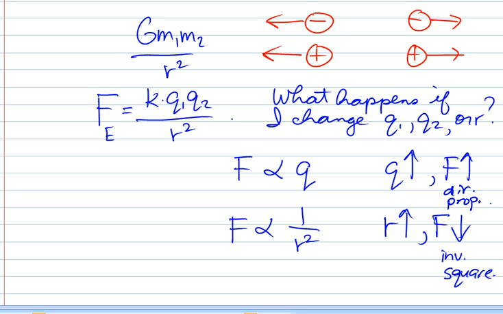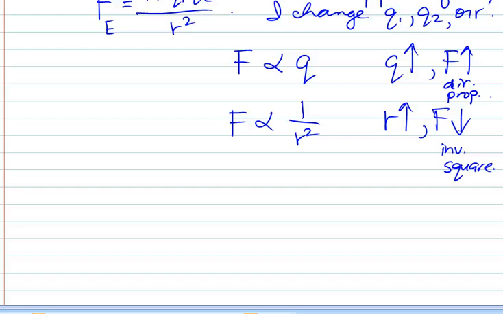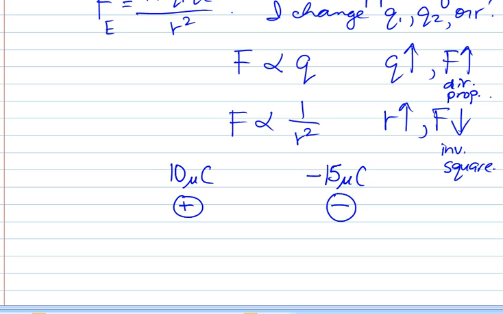Now, the last thing that I want to point out about Coulomb's law is that when we have charge, we can have positive or negative values. So if this is a plus charge, let's say it's 10 microcoulombs, and this is a negative charge of 15 microcoulombs with a negative sign, let's say that this is charge Q1 and this is charge Q2. Let's say I want to know the force on Q1.